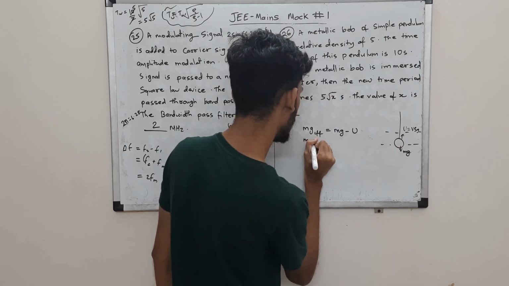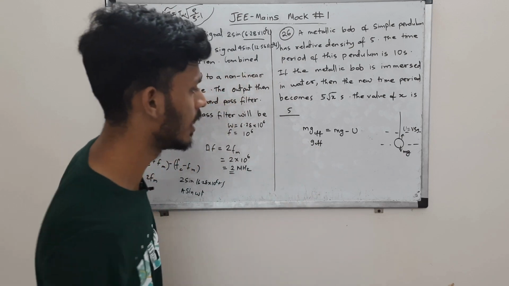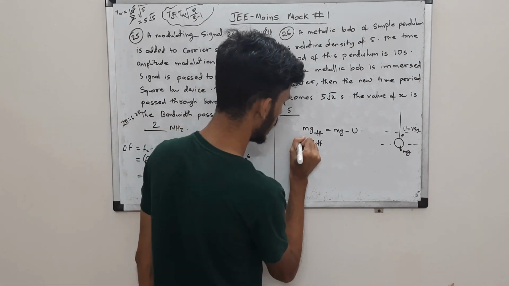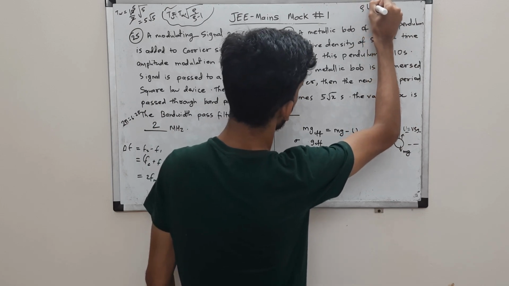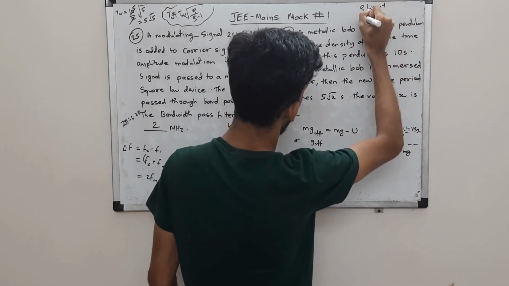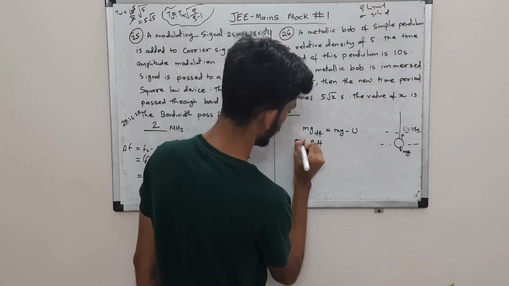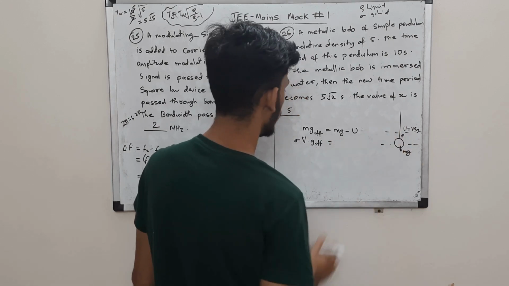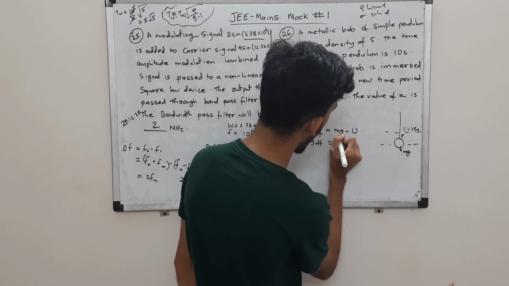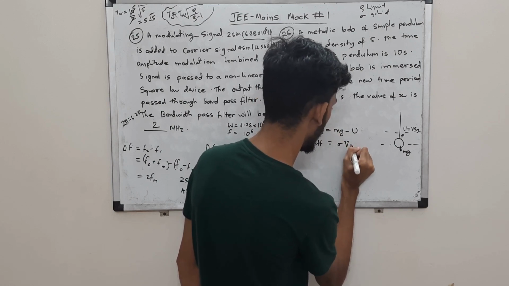So g effective will be, in place of m, mass can be written as density into volume. Rho we will use for the liquid, which is water, and sigma for the solid. So sigma into volume of that sphere, and here mass is again sigma into V, and again g.